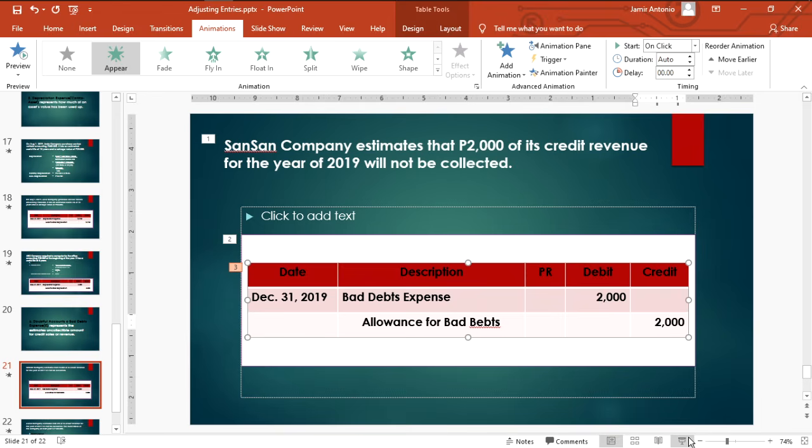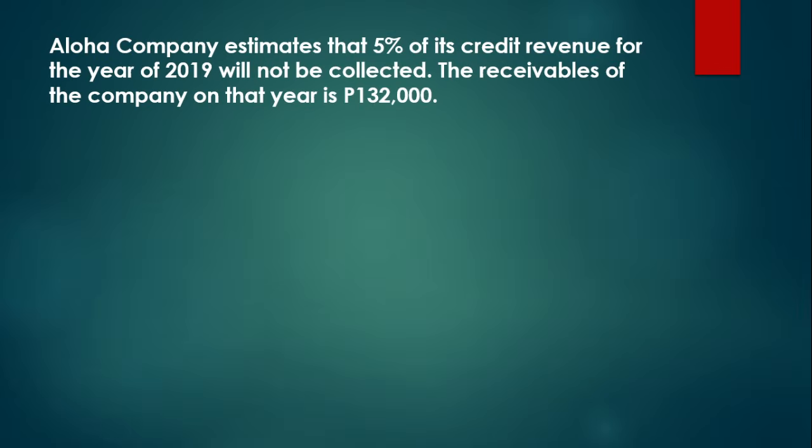Now, let's have another example. Aloha Company estimates that 5% of its credit revenue for the year 2019 will not be collected. The receivables of the company on that year is 132,000.